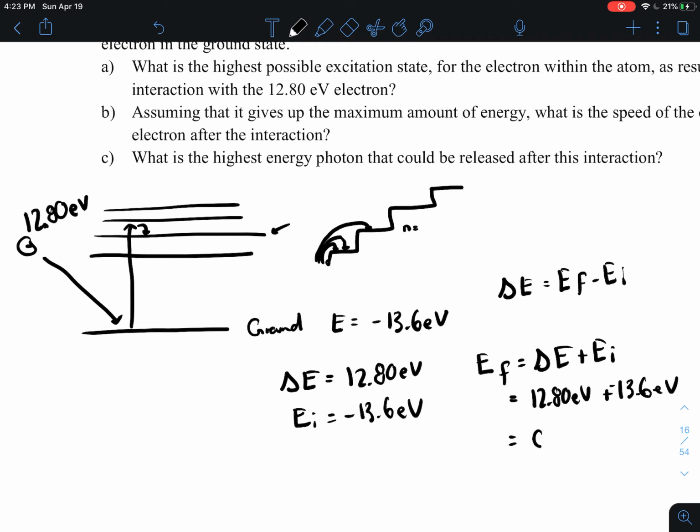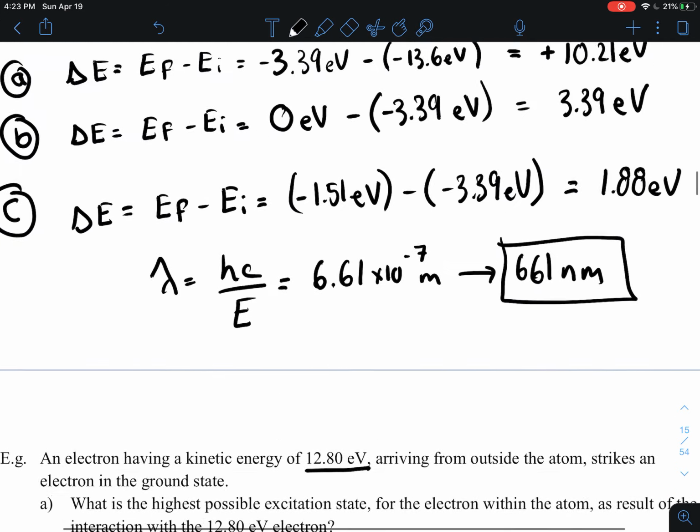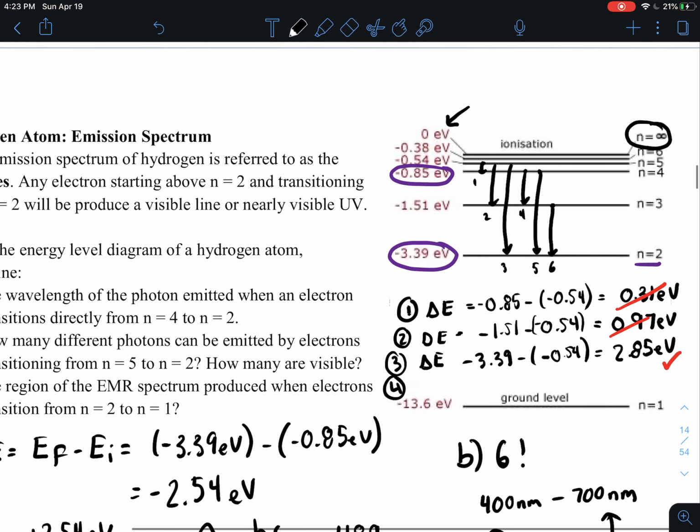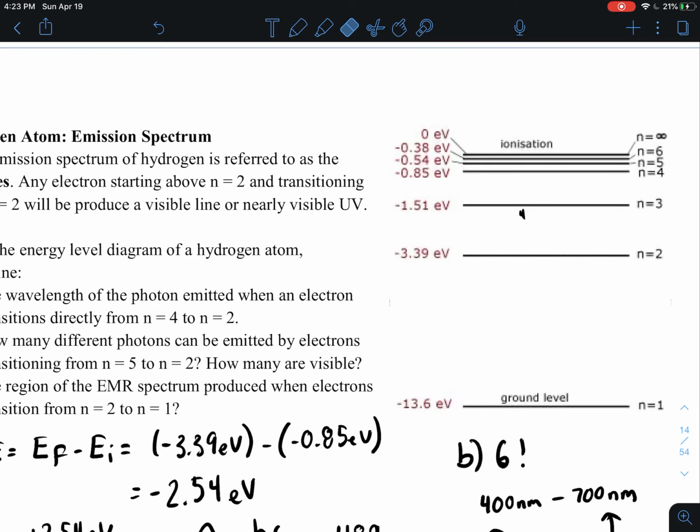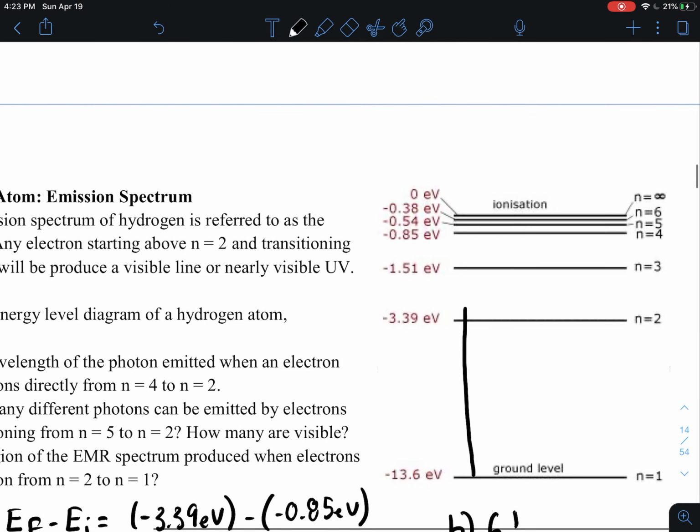We end up getting negative 0.8. I'm going to go back up to the other diagram and erase some of this stuff. So negative 0.8 is where it ends up. That means it is somewhere between negative 0.54 and negative 0.85. It's going to end up somewhere between these two.